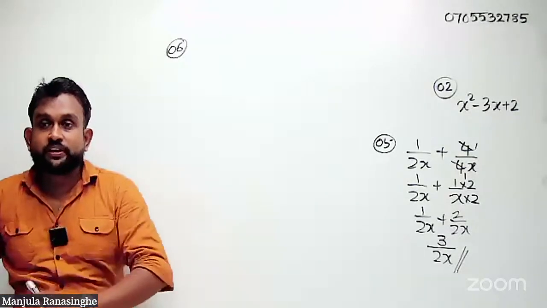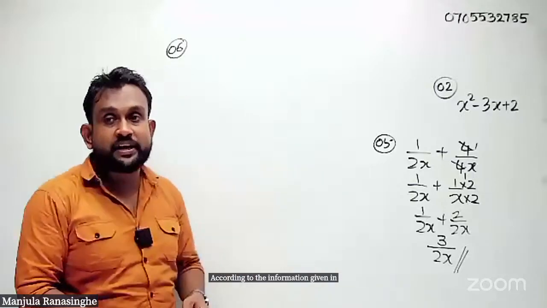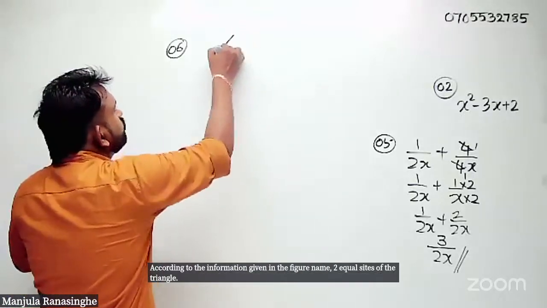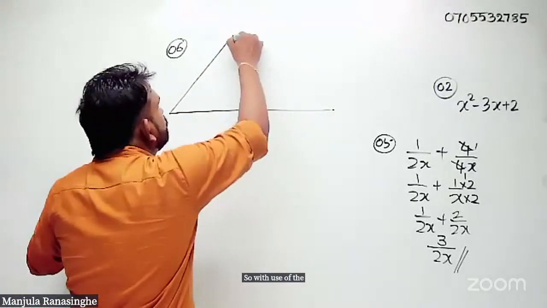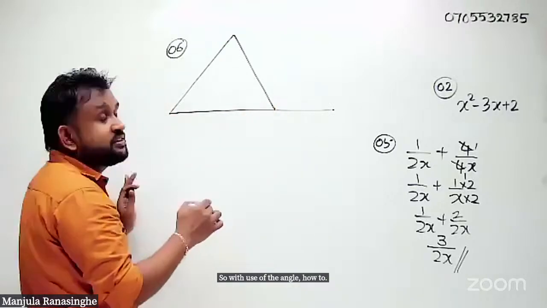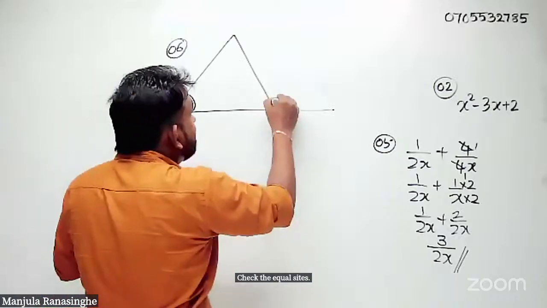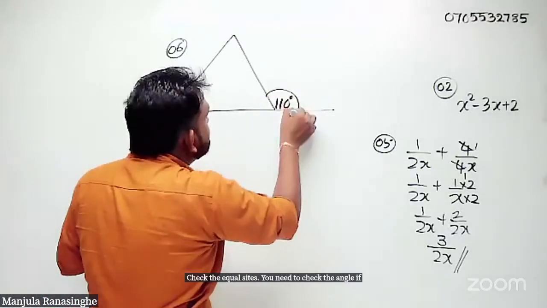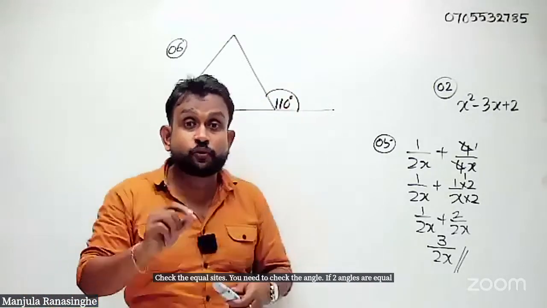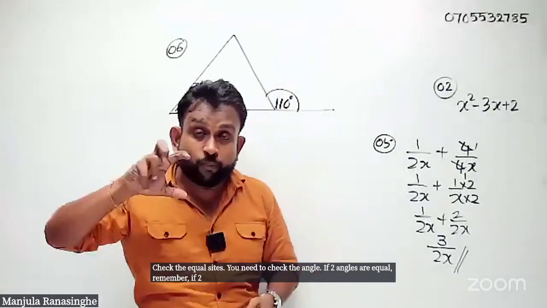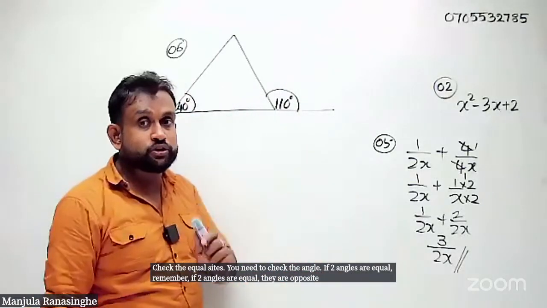According to the information given in the figure, name two equal sides of the triangle. So with the use of the angles, how to check the equal sides? To check the equal sides, you need to check the angles. If two angles are equal, their opposite sides are equal. That's the logic behind that.